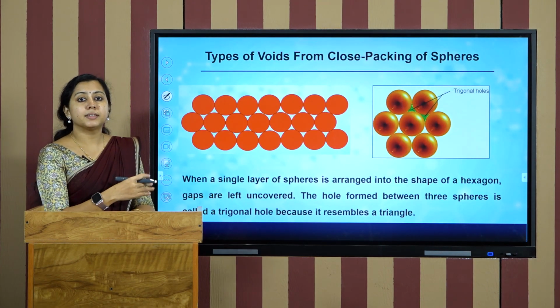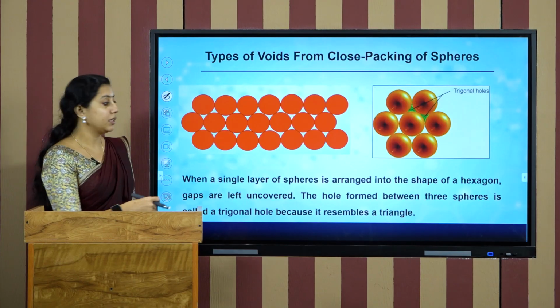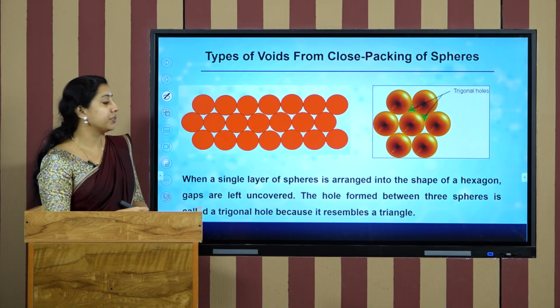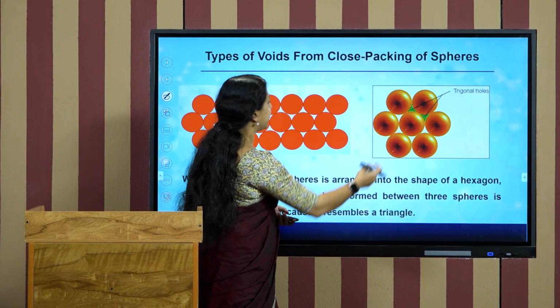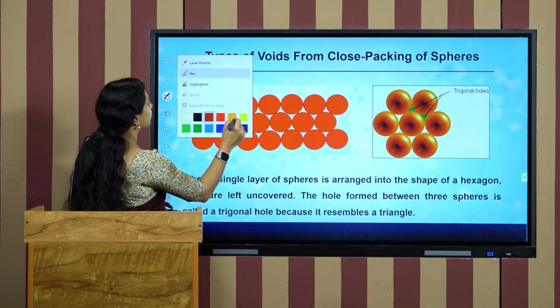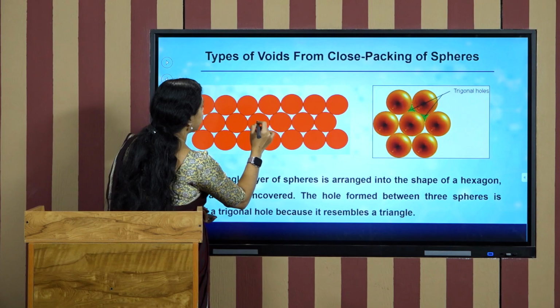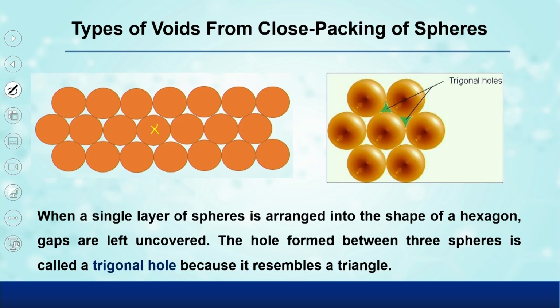Consider a single layer of spheres arranged into the shape of a hexagon, as you can see here. Consider a sphere in the center which is surrounded by 6 spheres. You can see that there is a vacant space or hole between these spheres in the form of a triangle.